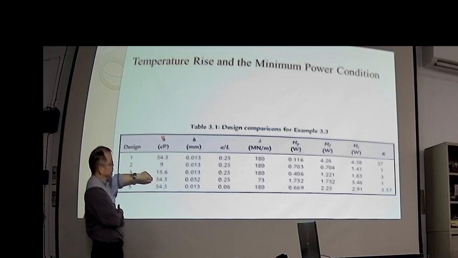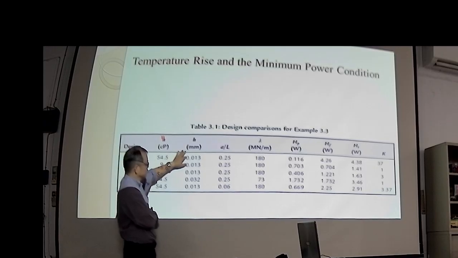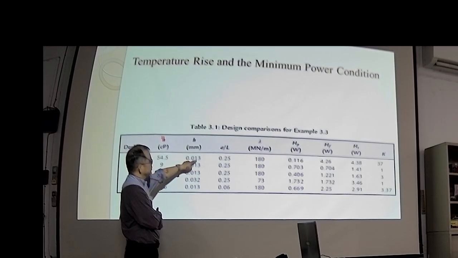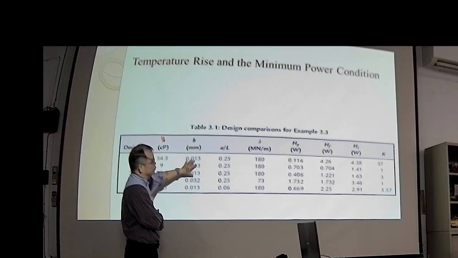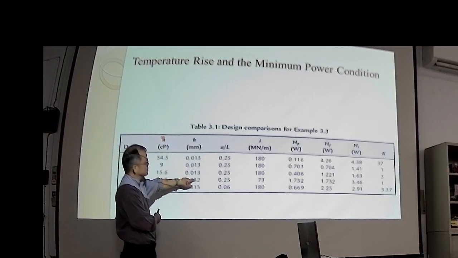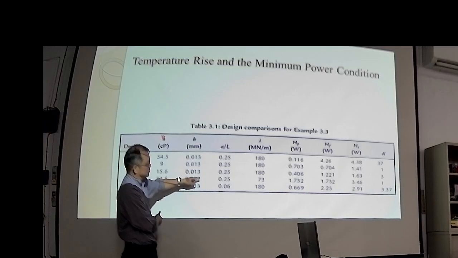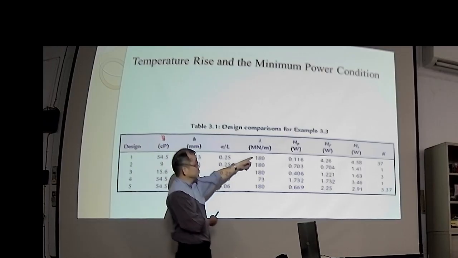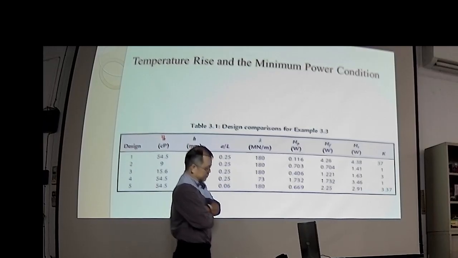You're using the same viscosity lubricant, and the film gap thickness is changed from 13 micron to 32 micron. Okay? So we increase the clearance in this case. So the stiffness will drop significantly, from 180 drop to 75 and 73.